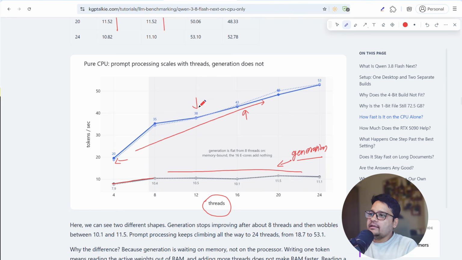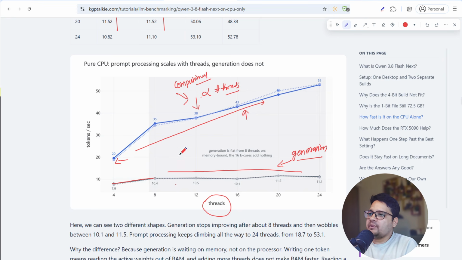Because there is no actual generation in the input, it is just input processing. Input processing is directly proportional to the number of threads you have in your computer. Why? Because it is computationally intensive.